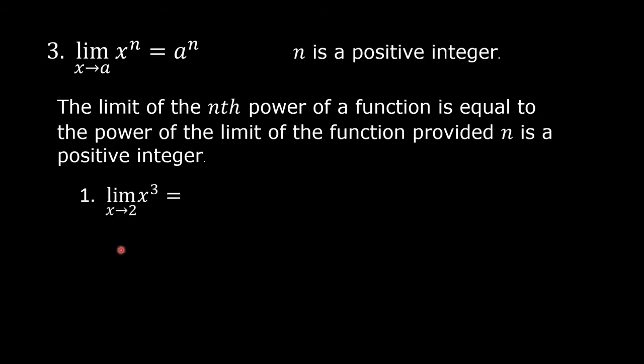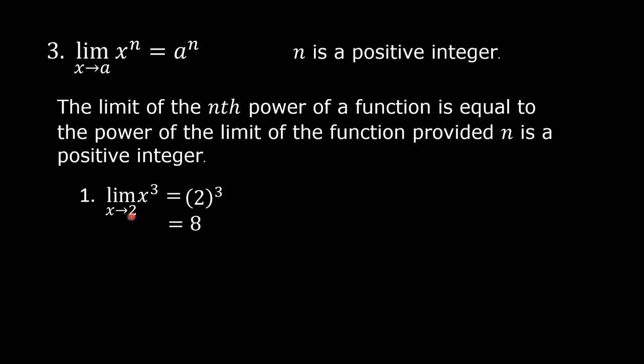Example number 1. The limit of x cubed as x approaches 2. So the limit of x is 2, and then 2 is raised to 3. So we have 2 cubed, and then 2 cubed is equal to 8. Or you can just do it this way.